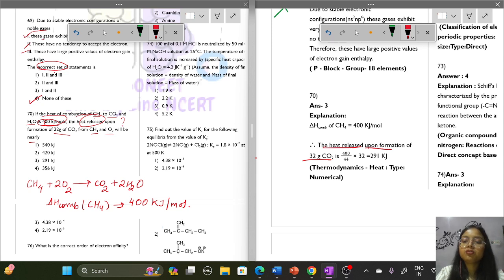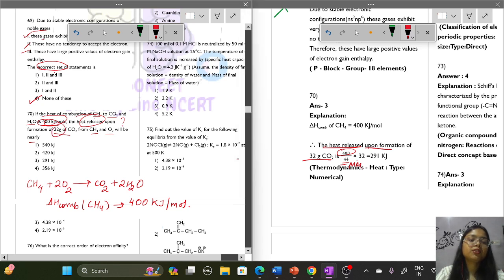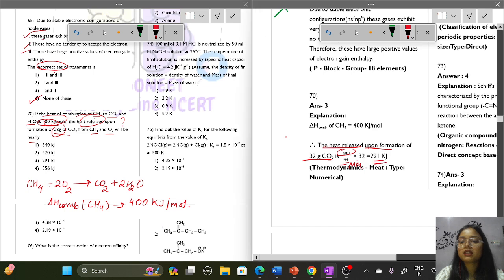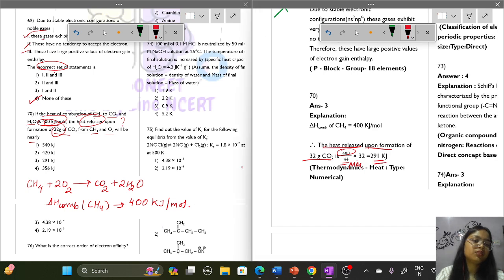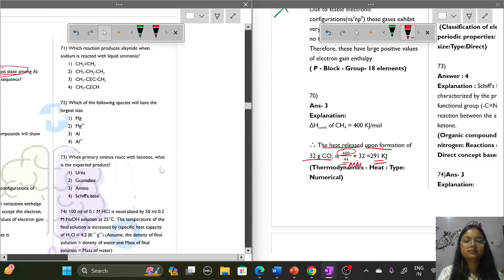So for 32 gram of CO2, it is the heat of combustion by the molar mass of CO2, into 32. It comes out to be 291 kilojoule, which is option number 3. Right?